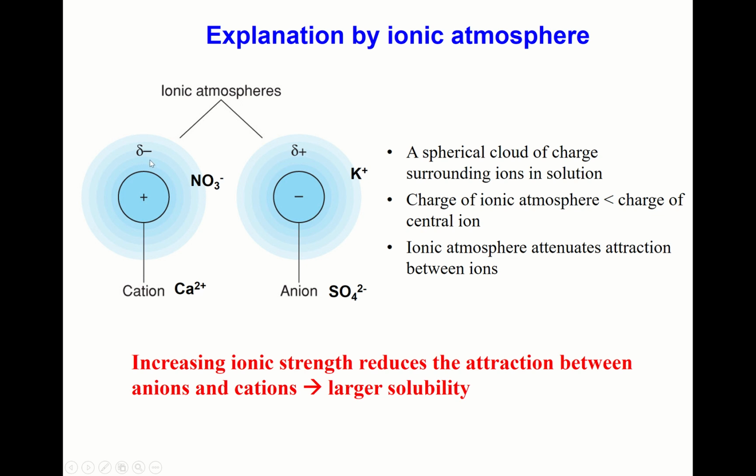This delta minus may be minus 0.5 or minus 0.7 or minus 1.0, but never greater than +2. Likewise, delta plus cannot be greater than -2. Anyway, the effect of adding inert salt is to weaken the charges of the central ion.